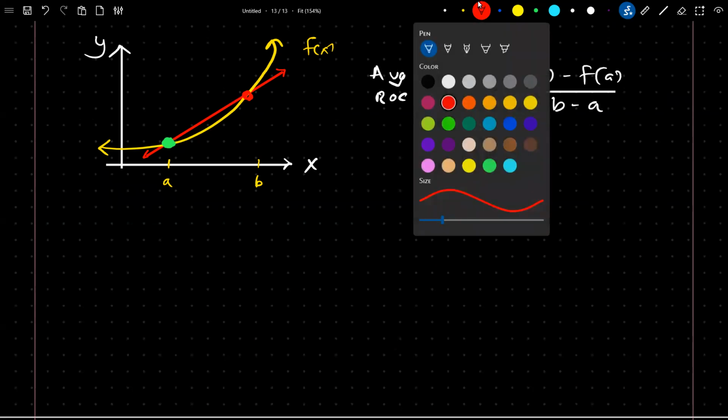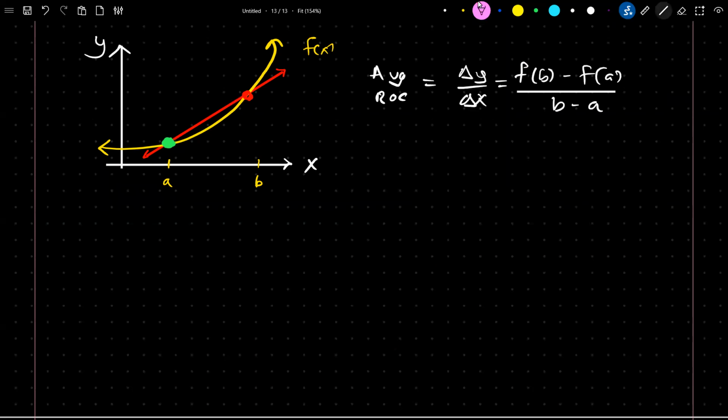It turns out that we can create a unique tangent line passing through this point, and that will exactly coincide with the function so that the function and the tangent line are indistinguishable at this point. The slope of the tangent line will be the slope of the function at that particular point. And we were calling that the instantaneous rate of change.